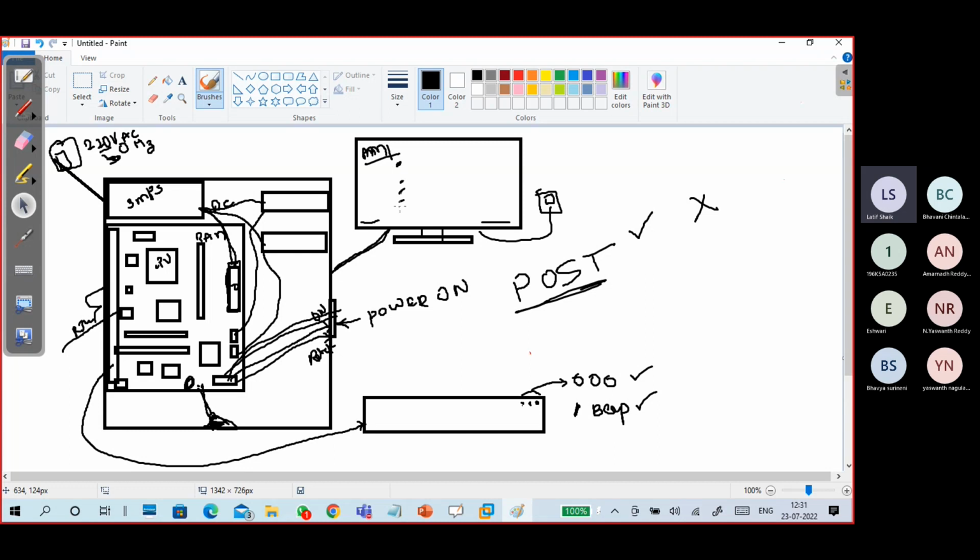Okay, next one we'll see. So there is something on the screen. It shows, not connected. Again, on the monitor, the data cable is not connected.